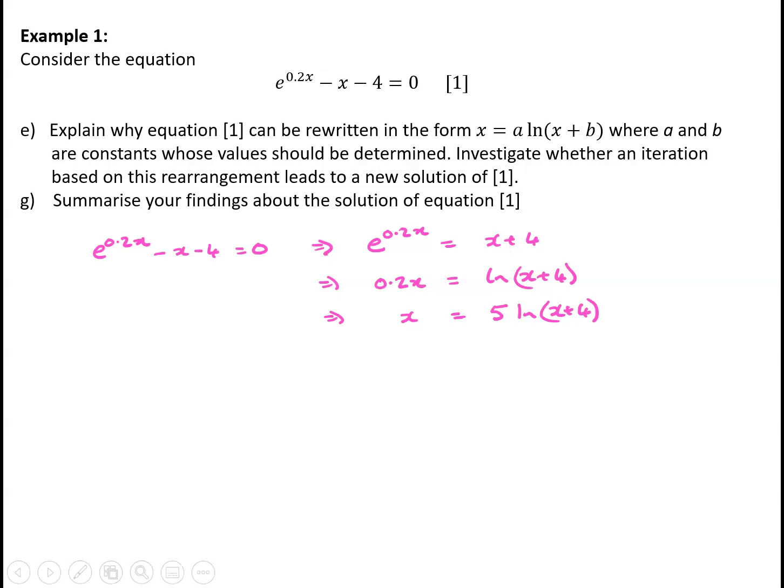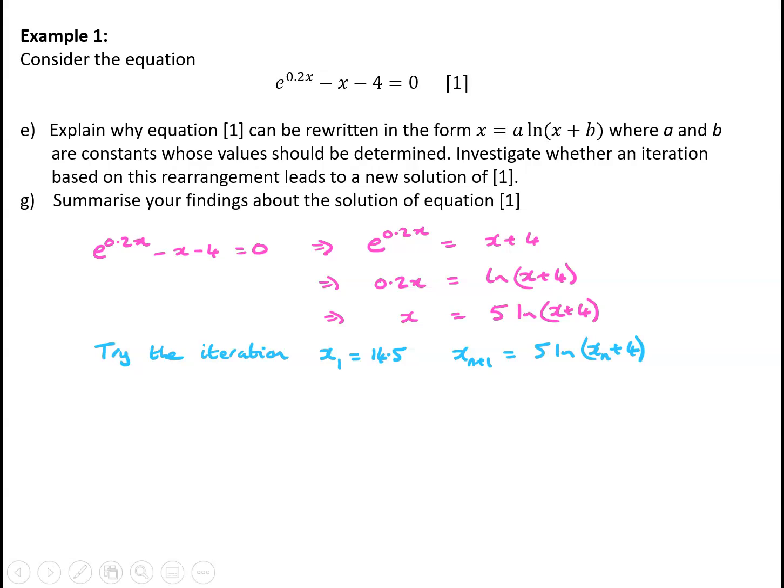So this suggests that we might try the iteration x1 equals 14.5, because we know that the positive root is somewhere between 14 and 15, and then xn plus 1 equals 5 times the natural logarithm of xn plus 4.